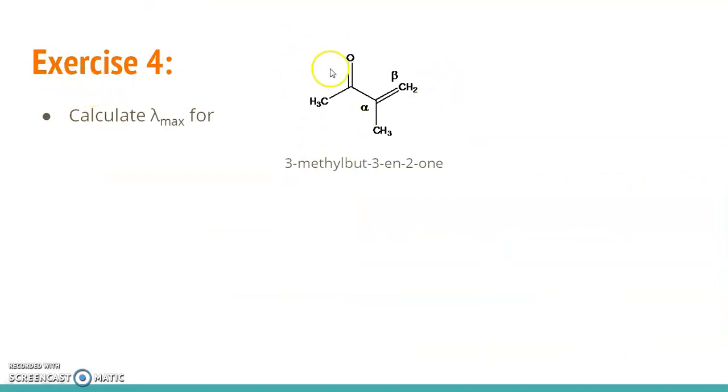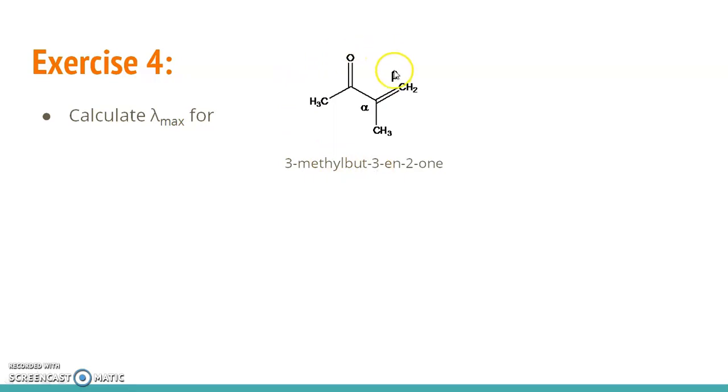where I have a molecule here. It is an alpha beta unsaturated carbonyl compound. Since it is a carbonyl molecule, the carbon adjacent to this carbonyl carbon is an alpha carbon, and there is alpha beta unsaturation here, and this is a beta carbon. We shall attempt to calculate the absorption maxima for this molecule.